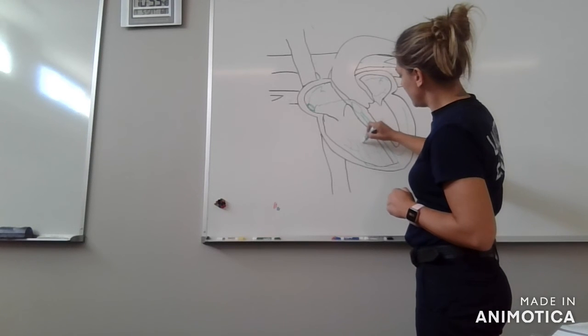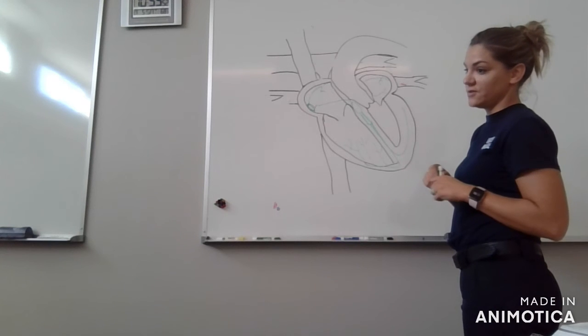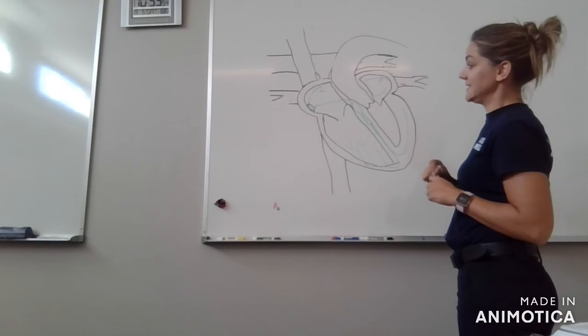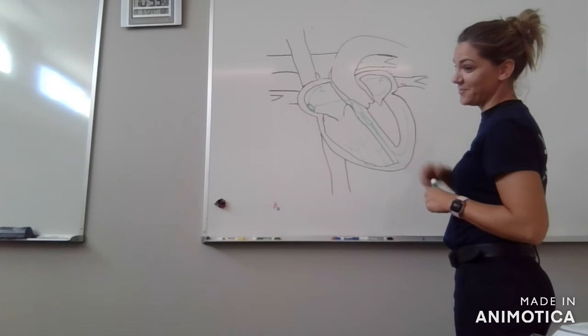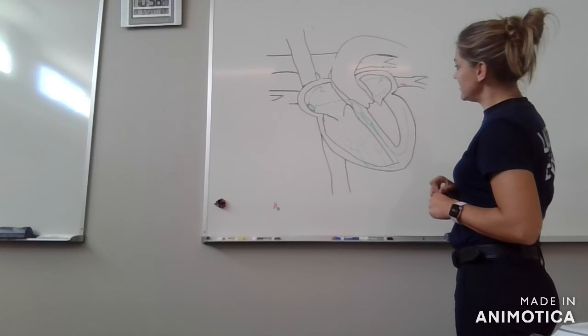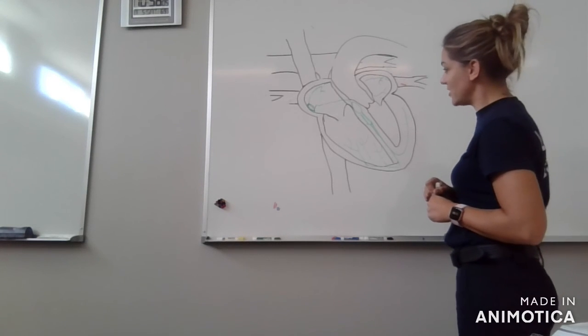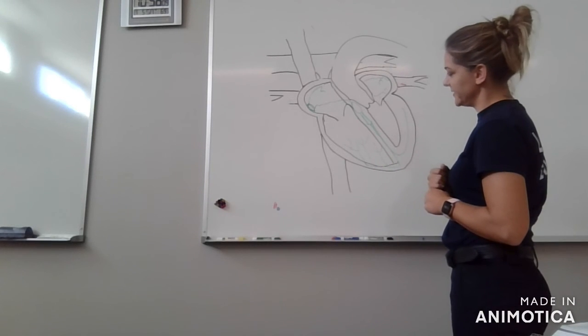The great thing about the heart is the cells themselves in the heart are also automatic, which means they can fire by themselves. The central nervous system also plays a role in regulating the heart rate.